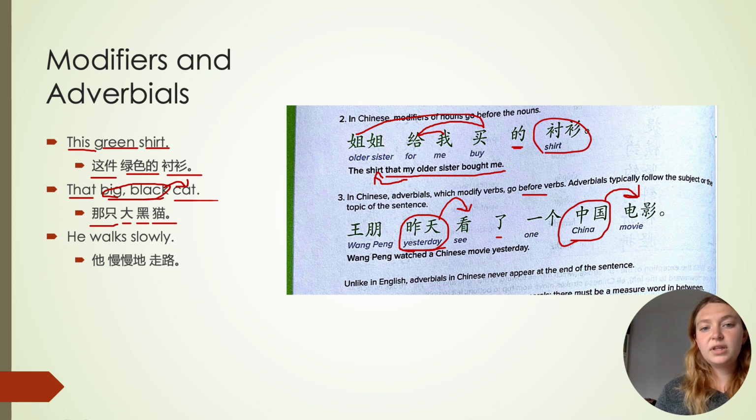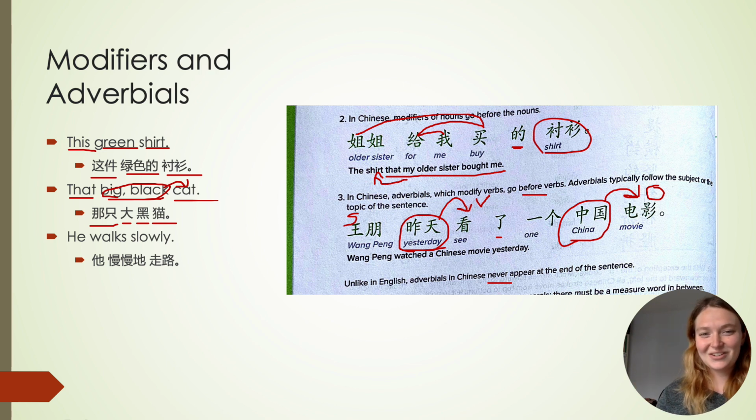So unlike in English, adverbials in Chinese never appear at the end of a sentence. But it's not just for time phrases. Again here, we have the subject, then the adverbial followed by the verb, followed by the object. And again, we have the adjective modifying the noun.